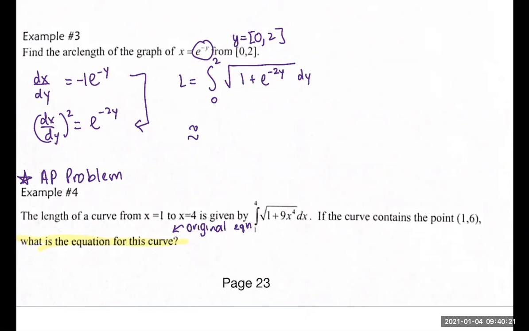So in this case, we see that it's going from 1 to 4. I want you guys to go ahead and circle 9x to the 4th. And in the chat, can you guys tell me, what does 9x to the 4th represent? What should I say 9x to the 4th represents? Okay, good. What I see coming through is most of you guys have dy dx, it's dy dx squared.